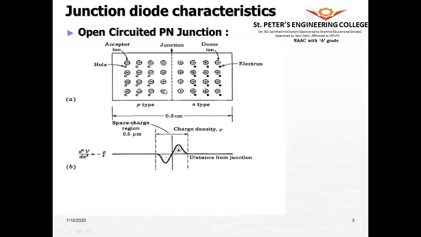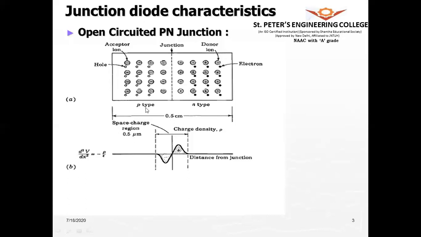This region around the junction we call the space charge region, whose width is around 0.5 micrometers. So you can imagine the size of that.